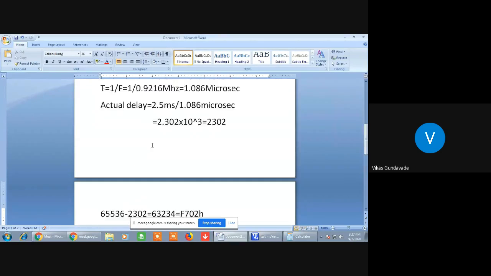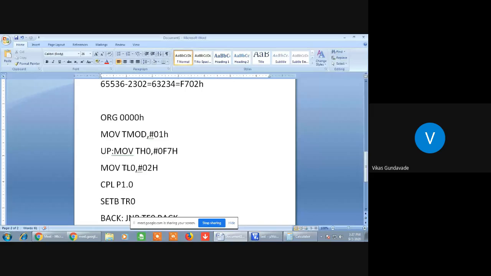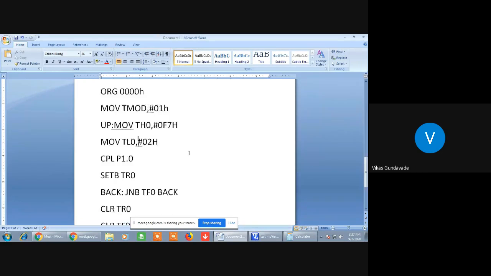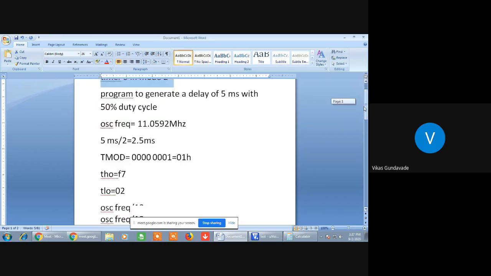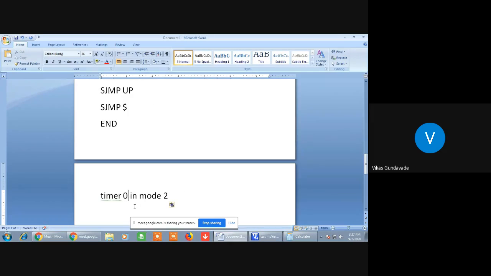For assembly language programming, we need to set TMOD, TH0 and TL0, and then write the program. The same program we have taken for timer 0 in mode 1. Now if I want to use mode 2, we will take timer 1, because the last 2 experiments were taken with timer 0.